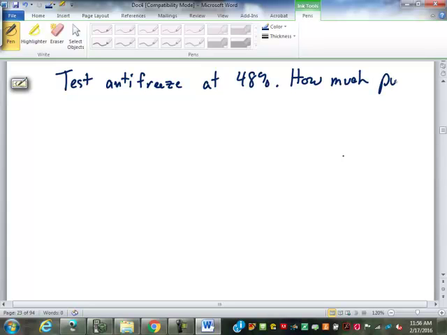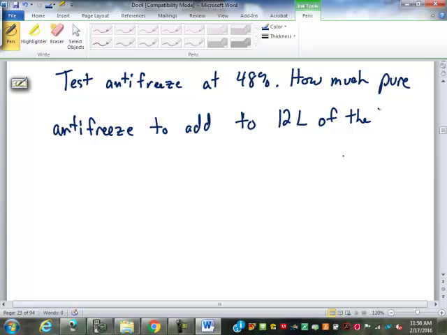How much pure antifreeze would you need to add to, let's say that this is 12 liters of the 48% to create a 60% mixture or solution?